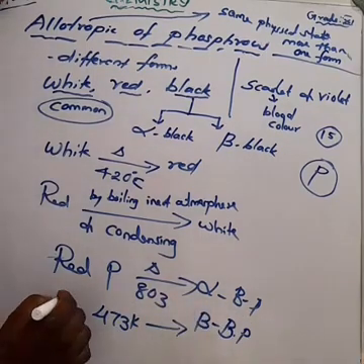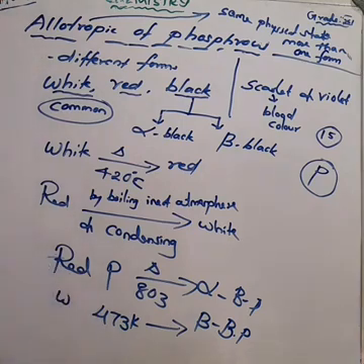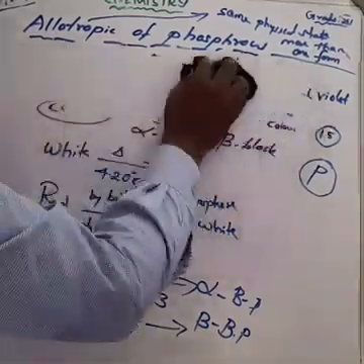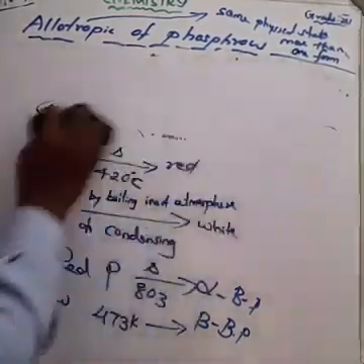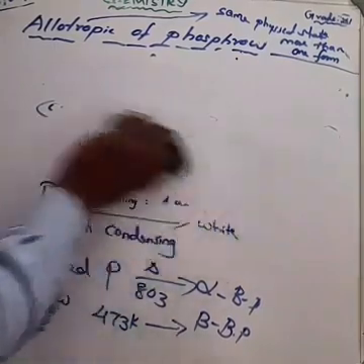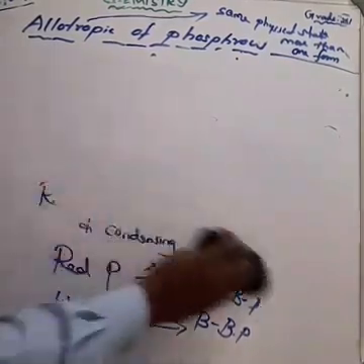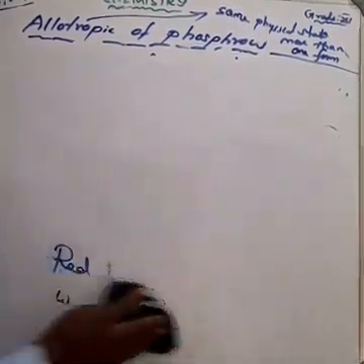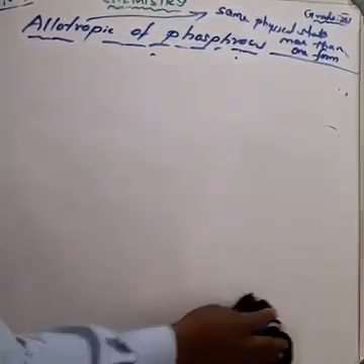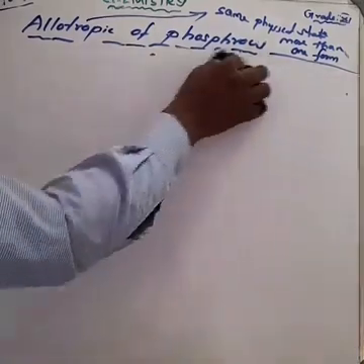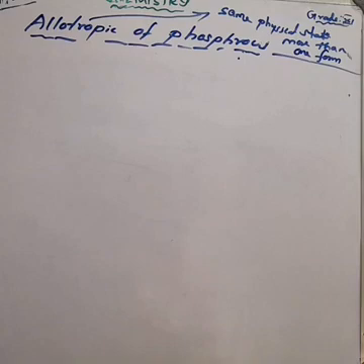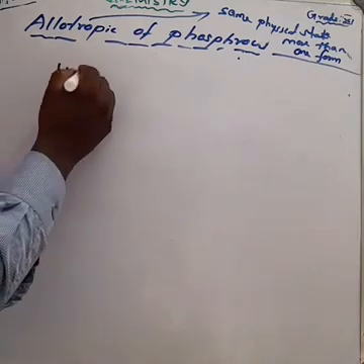Here, white phosphorus is colorless, and it becomes pale yellow due to the formation of a layer of red phosphorus upon standing. Pale means light color, light yellow. It is also known as yellow phosphorus. Can you understand, dear children?